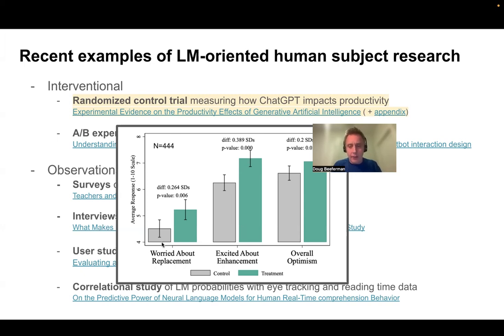And so this is one chart from the paper which shows the results of this randomized controlled trial, showing that the people who received the treatment, that is, who used the chatbot, were more worried about being replaced, but also excited about the enhancements and also more optimistic.